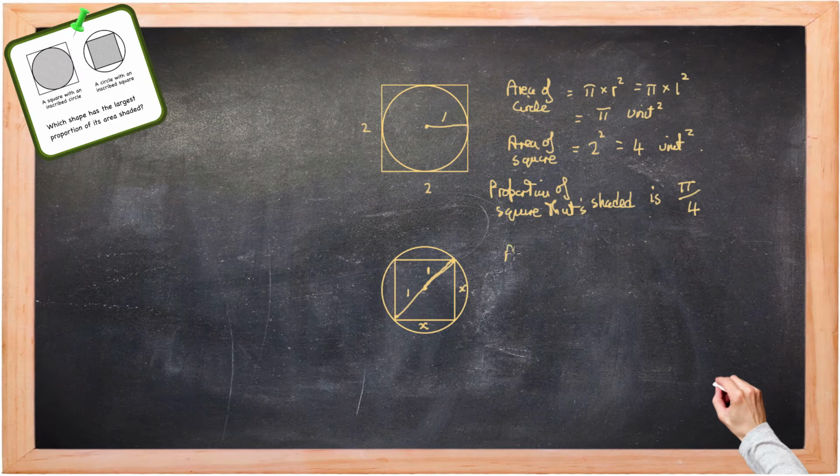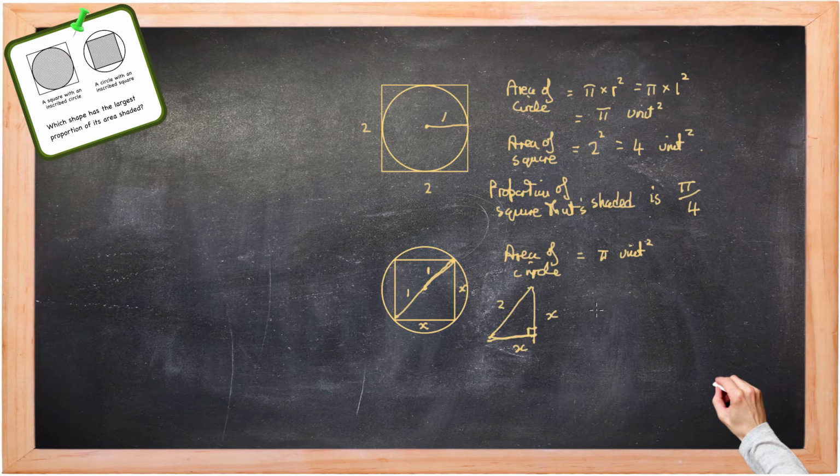So let's look at the area of the circle. Not much changed from the last one, which we've successfully worked out was pi units squared. So the problem is the square. You'll notice that we do have a right-angled triangle where the hypotenuse is 2.